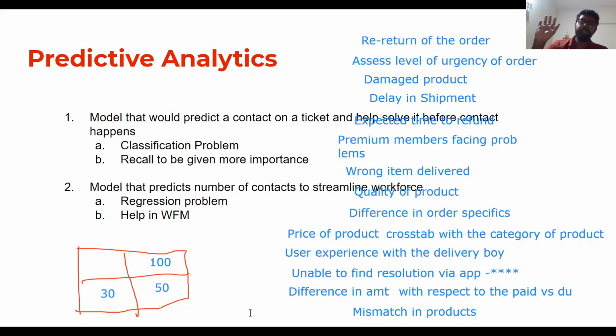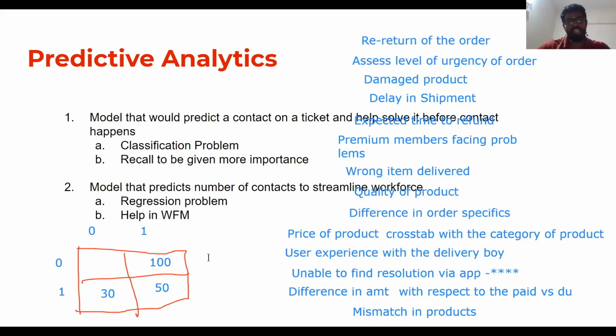Quick question to all of you. Let's say you are looking at this kind of confusion matrix. Can someone tell me what is precision and what is recall in this particular case? Precision would be true positive upon false positive plus true positive.